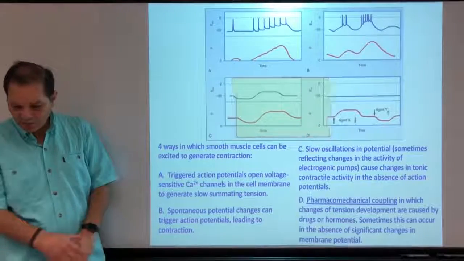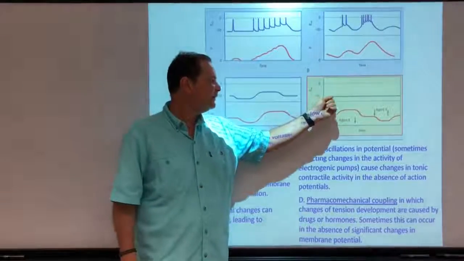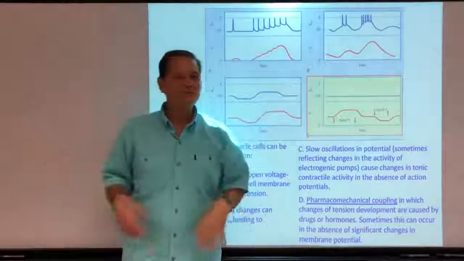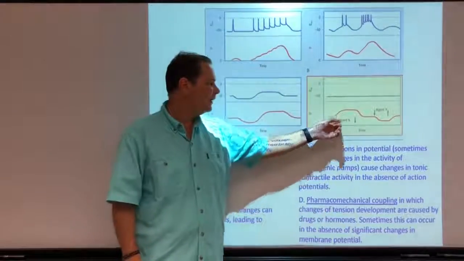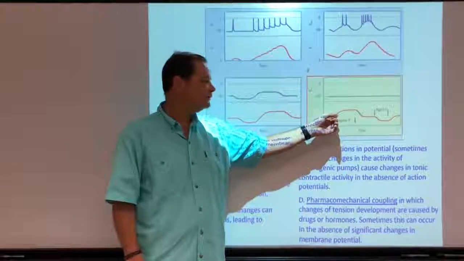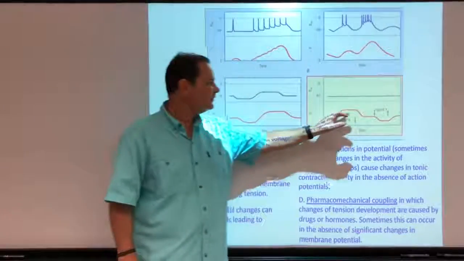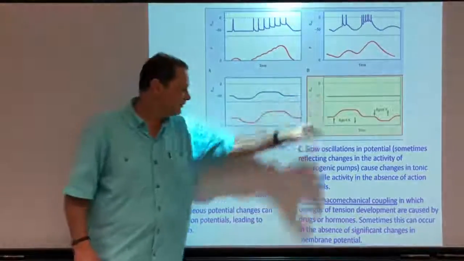And then here, in D, we have an example of a response that takes place with no change in voltage across the membrane at all. The voltage is completely constant, and what you're typically doing here is binding a hormone or a neurotransmitter or a drug, and that drug is causing the force of contraction to increase independent of the voltage across the membrane.